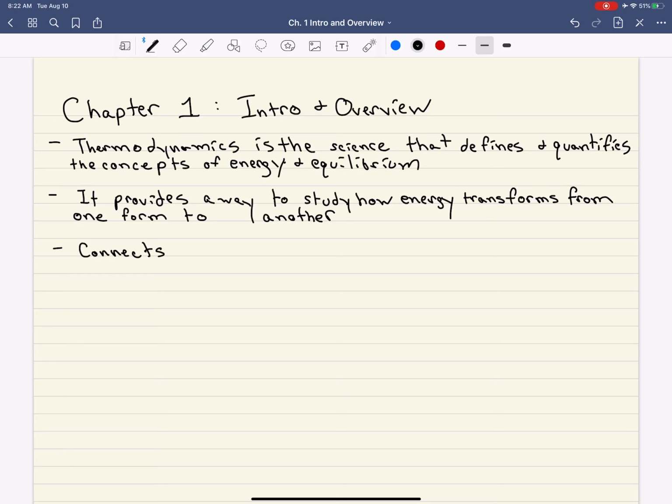So thermodynamics connects macroscopic observations, things that we could see with our eyes, to microscopic phenomena.